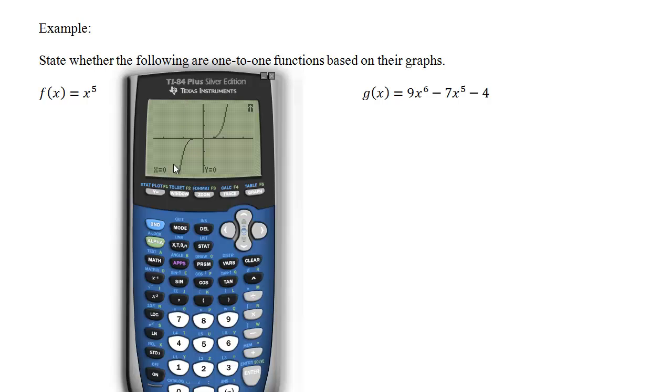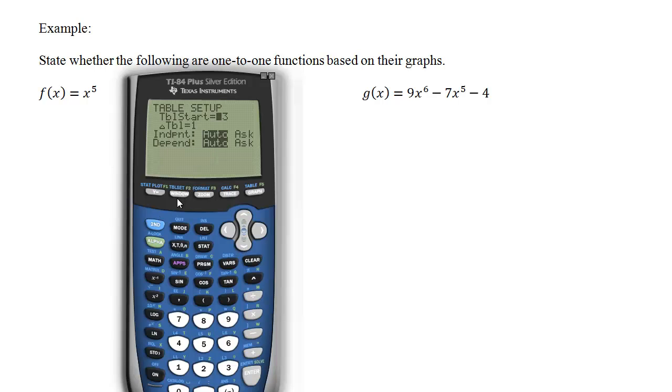And clearly we can see this passes the vertical line test. No lines intercept here. It appears to be very close, as though it might go horizontal here, so let's double check. We'll look at the table and our values to see if indeed it does. For all of these x values, I am getting different y values. All these y values are producing non-repeating x values somewhere right in here.